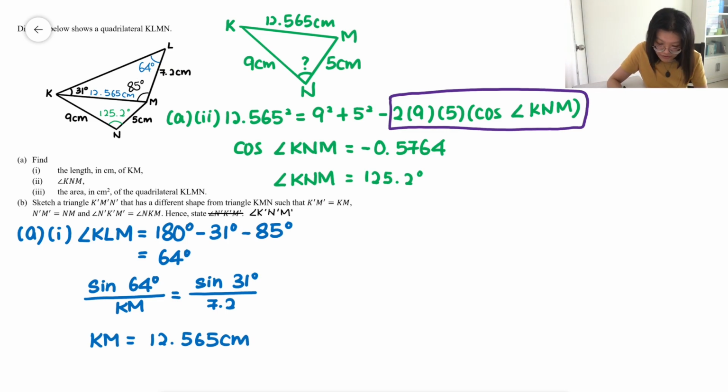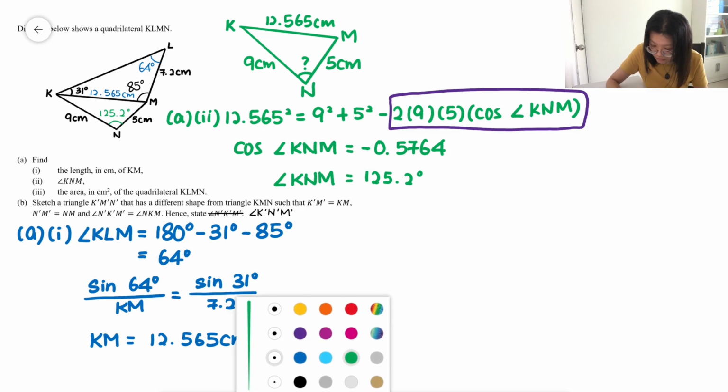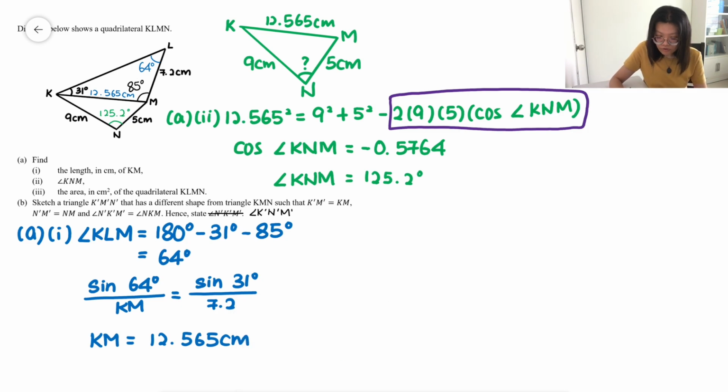Next, let's proceed to A part 3. The area of quadrilateral KLMN. When we want to find area of quadrilateral, we must find the area of triangle, then we plus up the two area. A3. Let's find area of triangle KLM first.